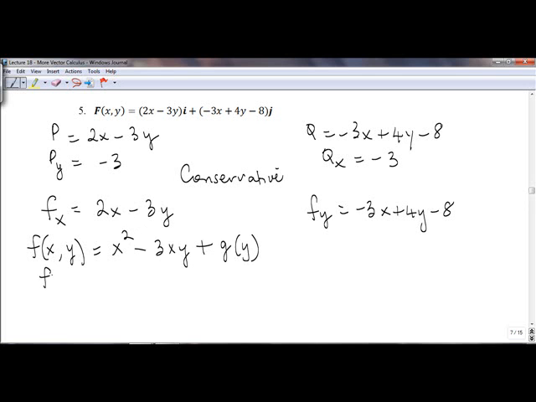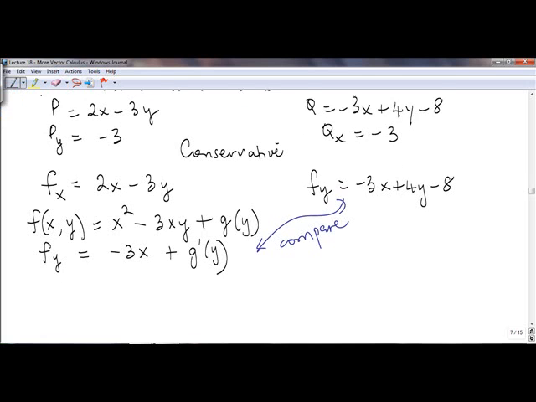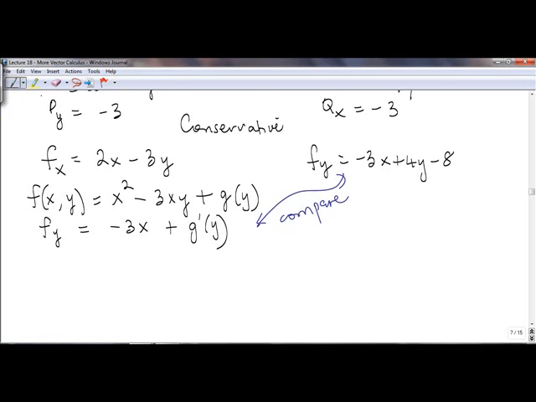Partially differentiate that with respect to y. What do you get? I'm not hearing you. Negative 3x plus g prime y. Then you compare. When you compare, what do you find? G prime y is 4y minus 8.